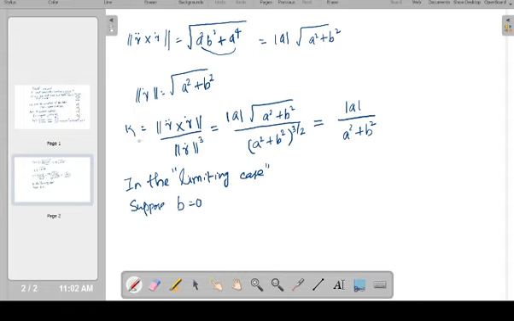According to the formula, when b equal to 0, kappa is equal to mod a by a square, which is 1 by mod a. So according to this formula also, the curvature is the reciprocal of the radius of that circle.